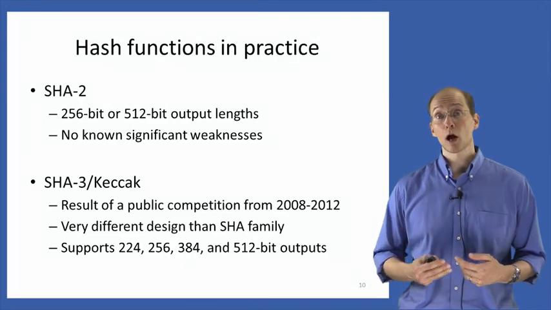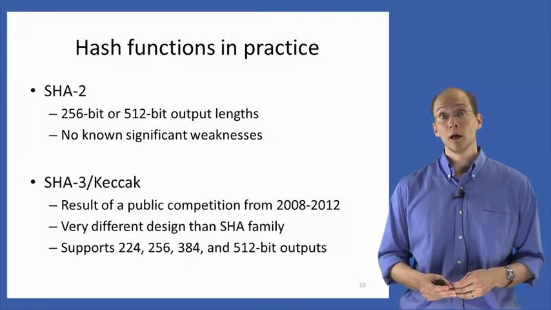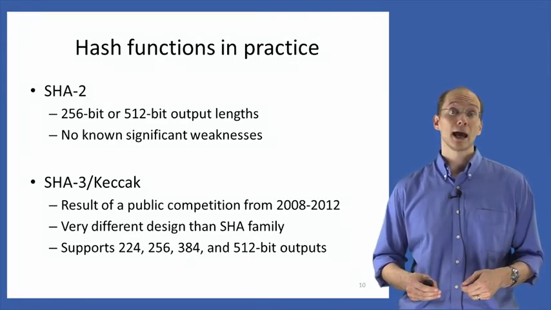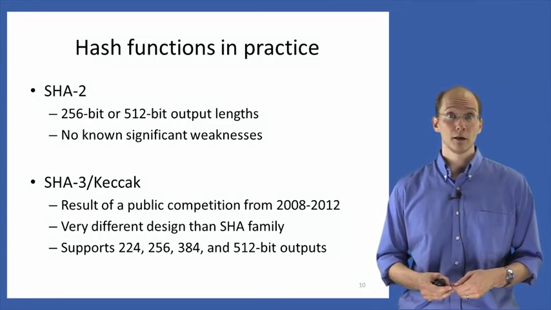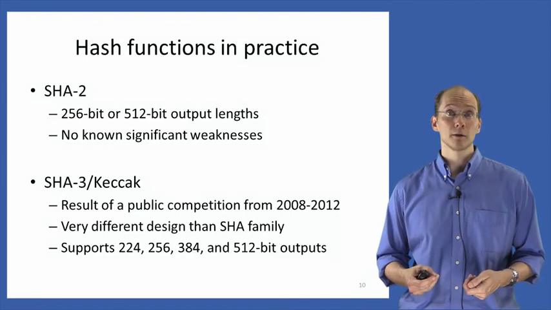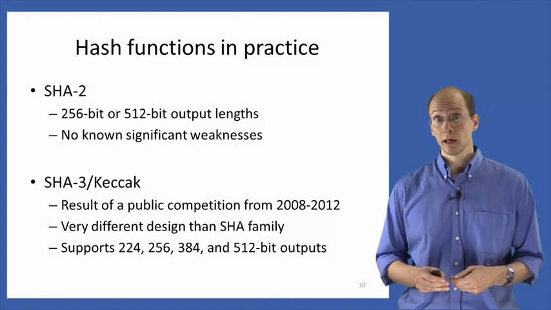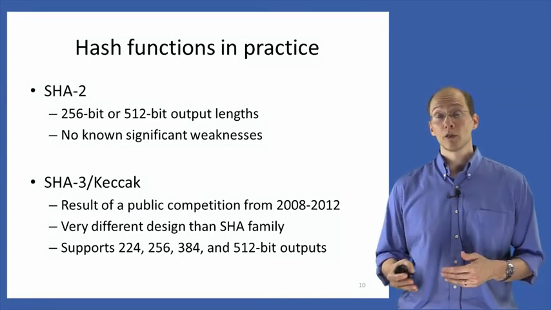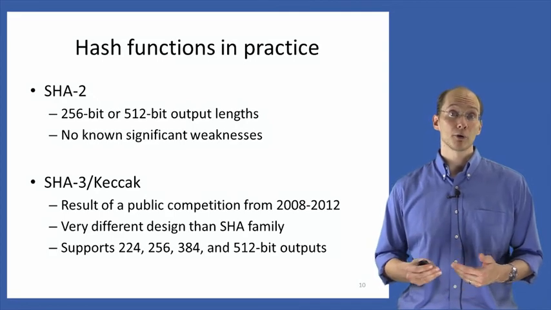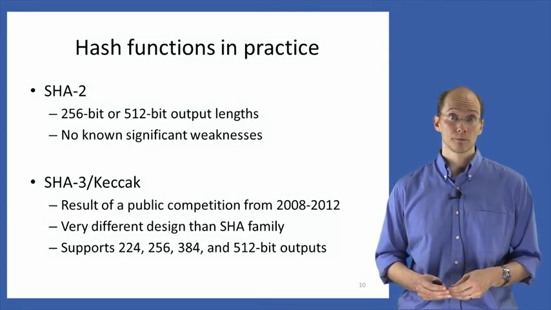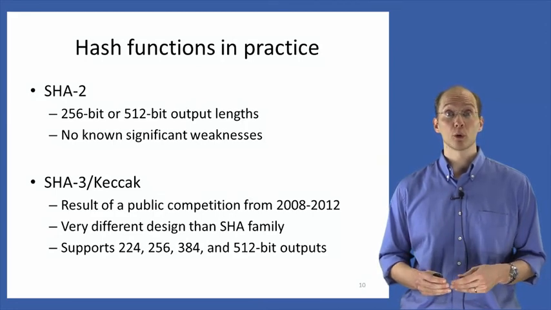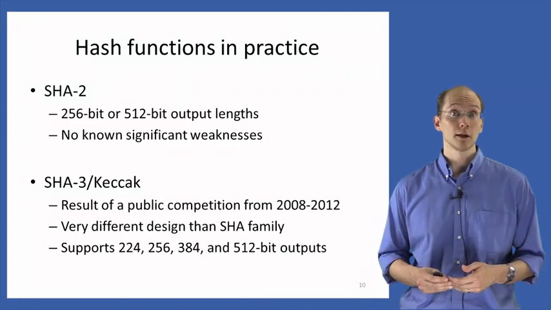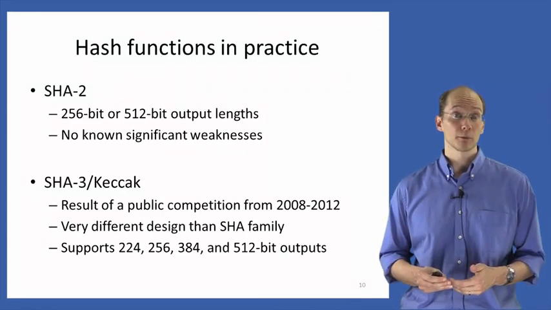And this was actually a conscious decision on the part of NIST, because they were trying to get a hash function that was constructed in a very different way from the SHA family, so that in case any weaknesses were ever discovered in the future in the way that SHA was designed, the hope would be that those weaknesses would not be present in Keccak as well. Keccak supports a variety of output lengths ranging from 224 bits to 512 bits, and people can choose which output length they prefer for their particular application.